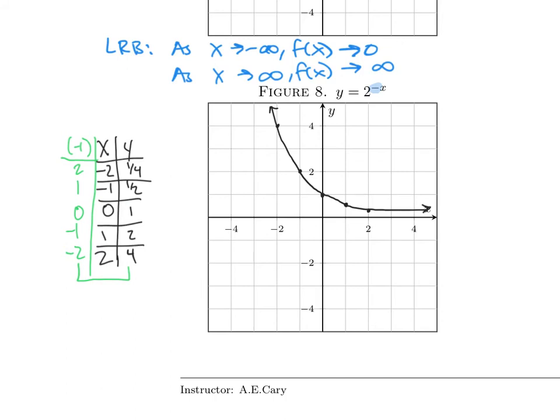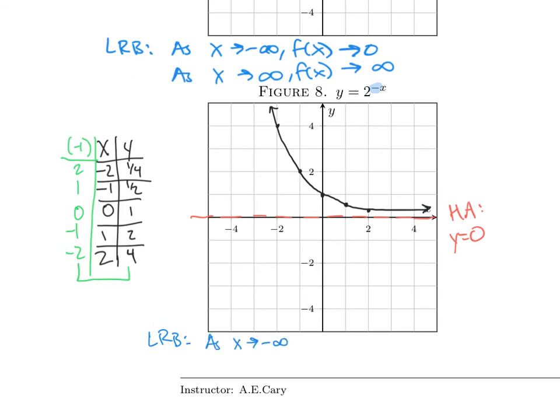We're still going to have that horizontal asymptote at y is equal to 0. And then lastly, for our long run behavior, where's my paper? There it is. For a long run behavior, it's going to be switched from our original.